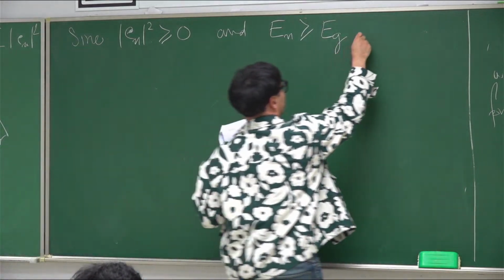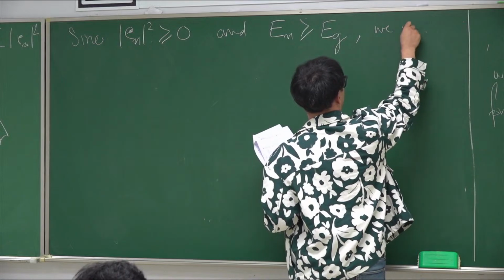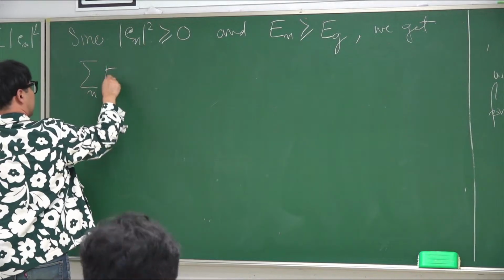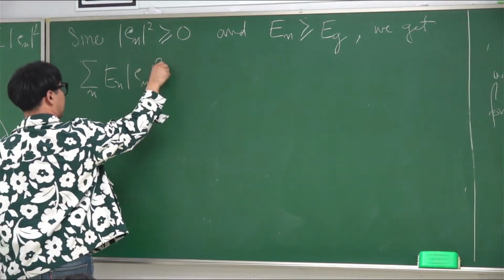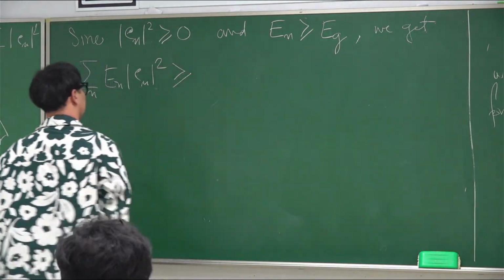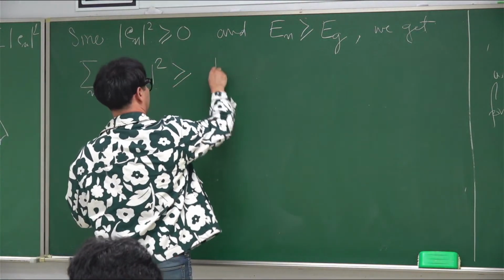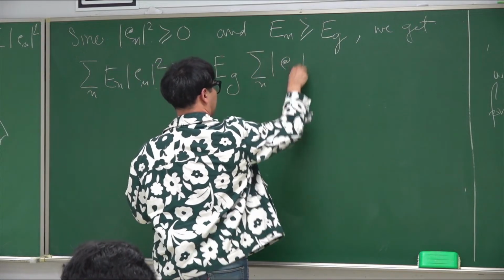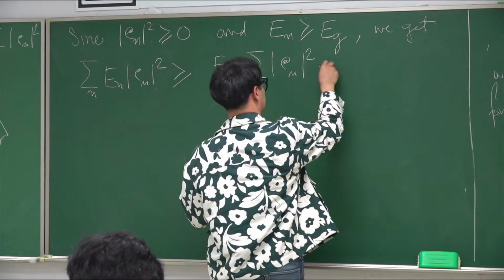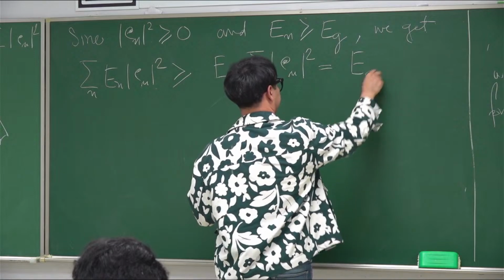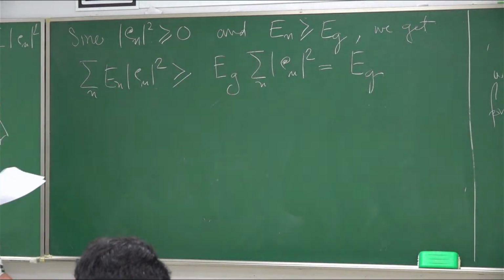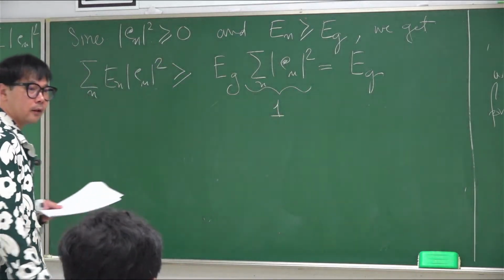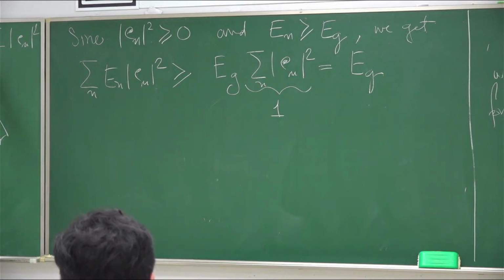Then we get, so you get this condition since this had to be 1 because this is a normalization condition, right?